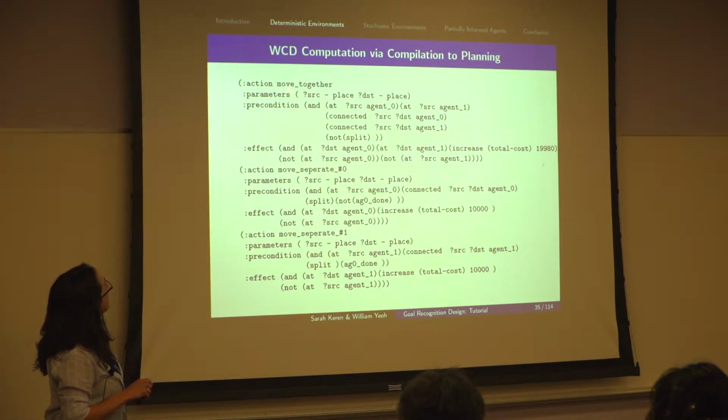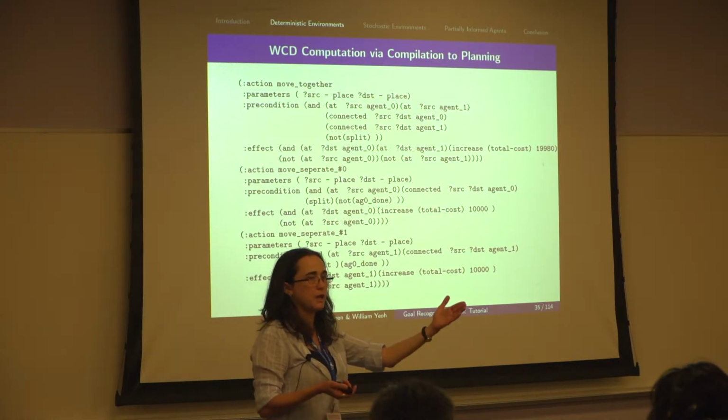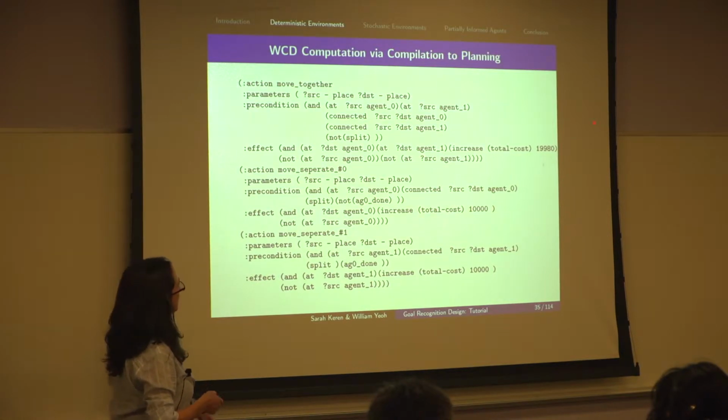And this is the interesting part. We define the move action now has 3 instantiations. One for moving together, before they split. And here the cost you can see, of course, we need this, because planners only support integers, so we needed to factor the cost.